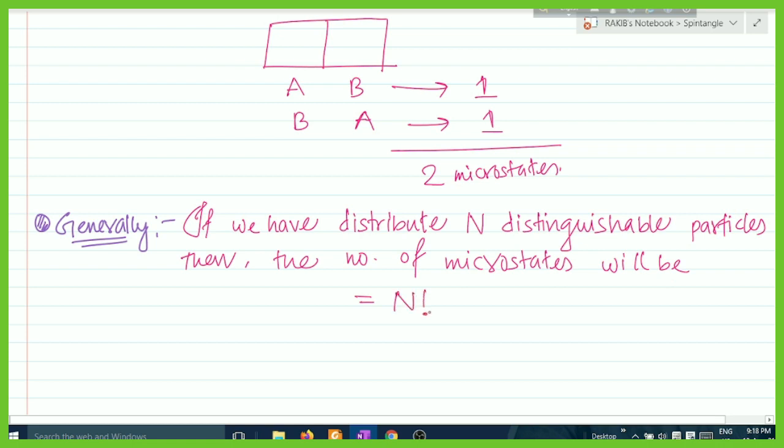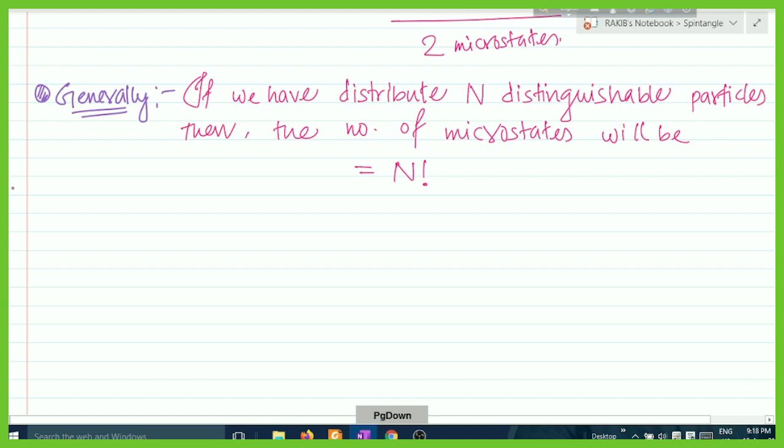That means you have n factorial microstates, or n factorial internal arrangements, of a particular macrostate. This is for distinguishable particles.